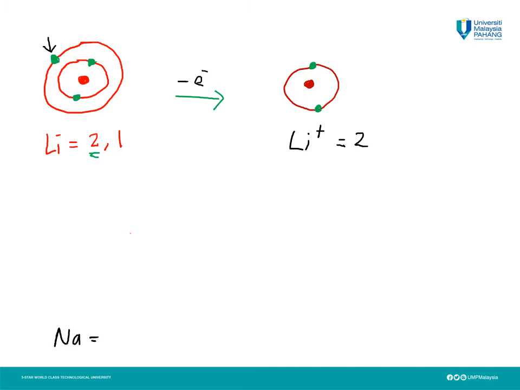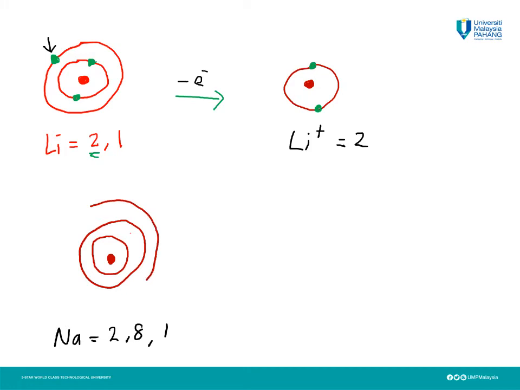So Na, we have electronic configuration of 2,8,1. So we have the nucleus, the first orbital, the second orbital, and the third orbital.